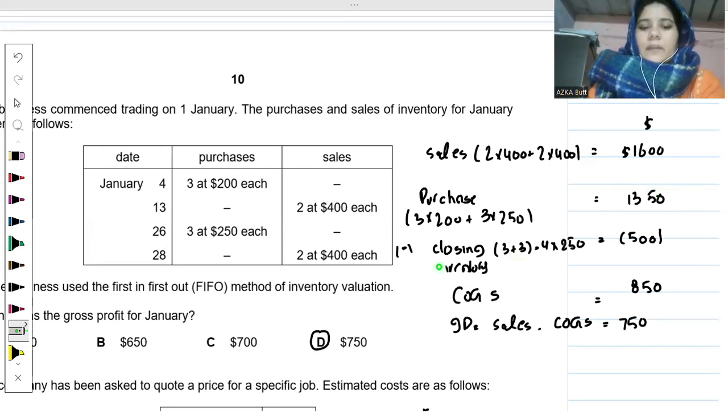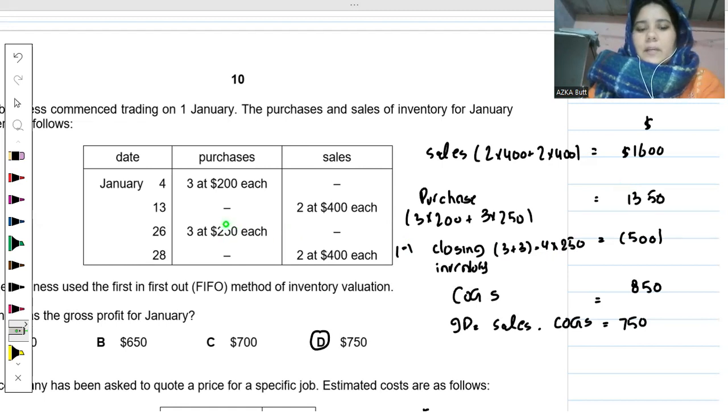So now we have to find out the closing inventory. Basically we have a total of 6 units, 3 plus 3, and in these 3 plus 3, we have sold a total of 4 units. So that is why we have to do 3 plus 3 minus 4, because we have sold it.